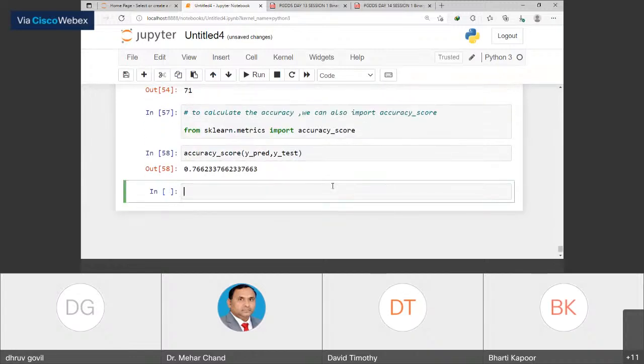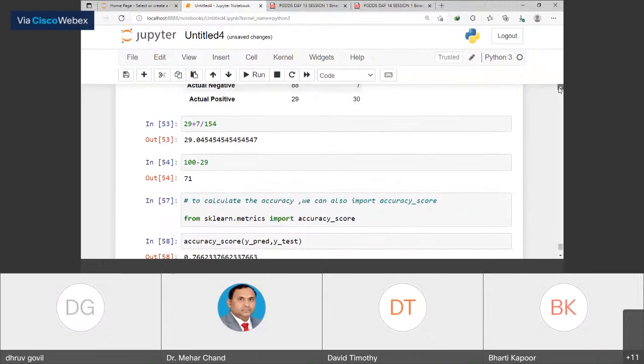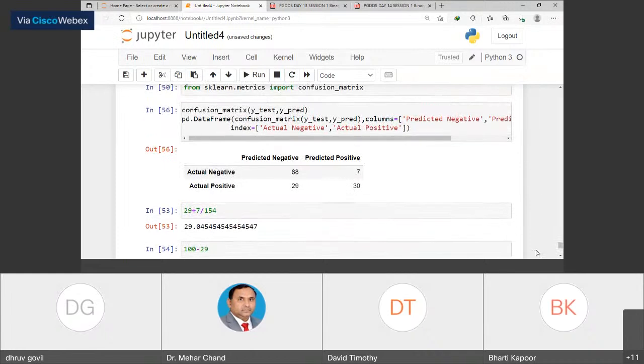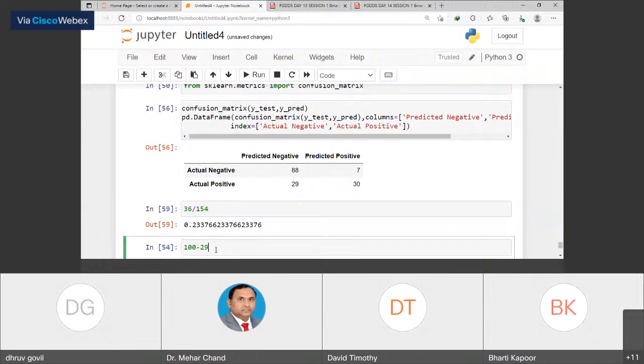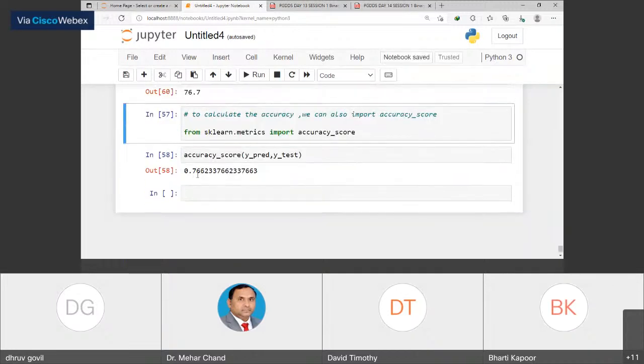So I got the accuracy up to 76%. Sorry, it's 23.3, which indicates 76.7. So it got 76.7 accuracy. You can judge it.